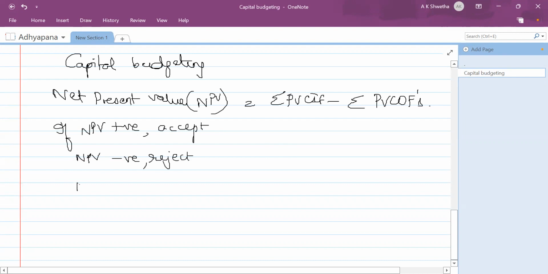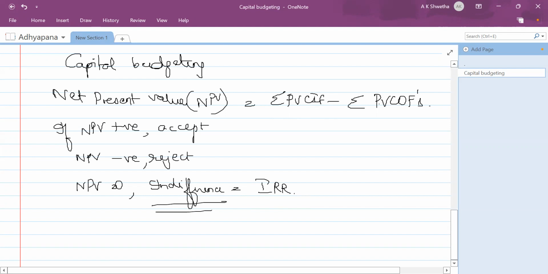And if the NPV is zero, it is a point where it is indifferent to acceptance or rejection of the project. This is a point which is called as IRR, internal rate of return, or the minimum required rate of return for the project.